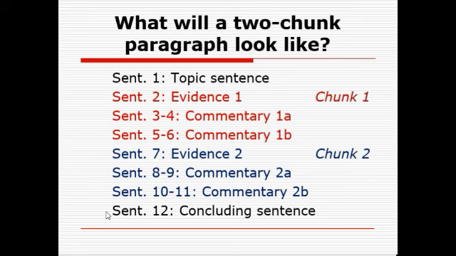Now, if I were to tell you, write me a 12-sentence paragraph, you may get a little overwhelmed. But if you take the graphic organizer sentence by sentence and follow the formula, it's actually quite simple. A good paragraph should be between 8 to 12 sentences. We are no longer working with 5-sentence paragraphs.